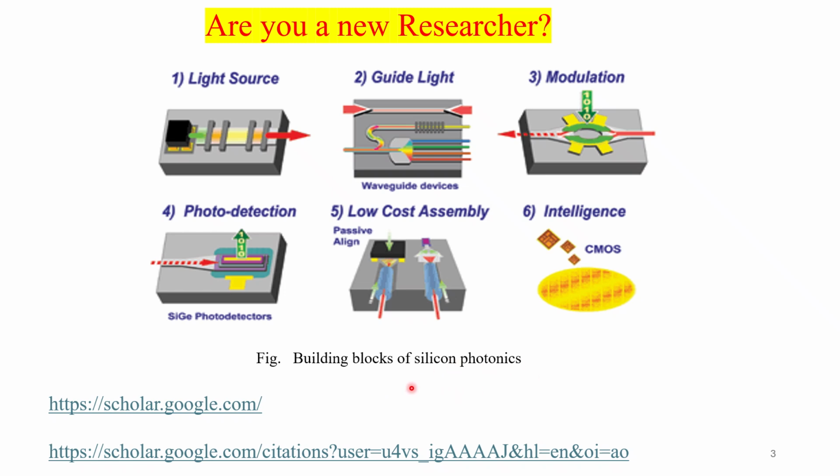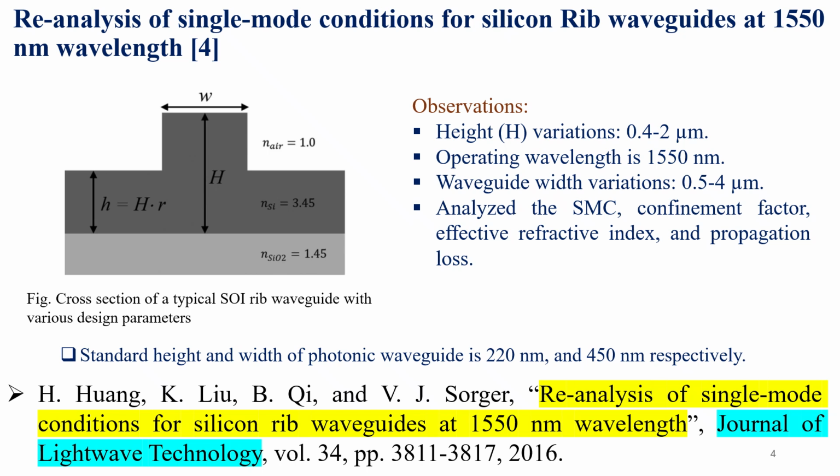If you want to know more details about silicon photonics, then please go to Google Scholar. I have already discussed it in my previous session as well. Either you can follow that video, or you can just go to Google Scholar and find some more interesting articles, right?